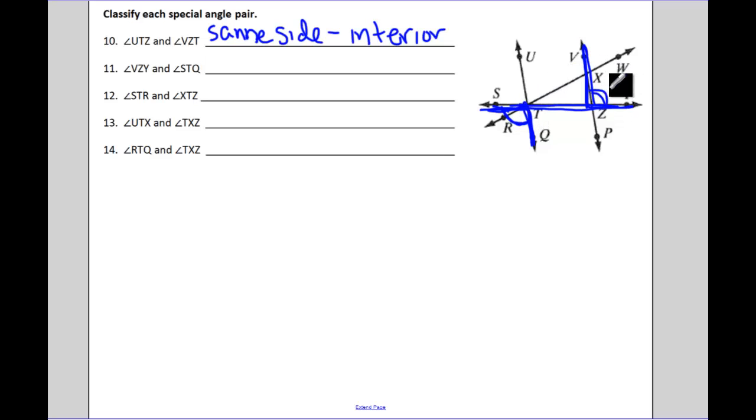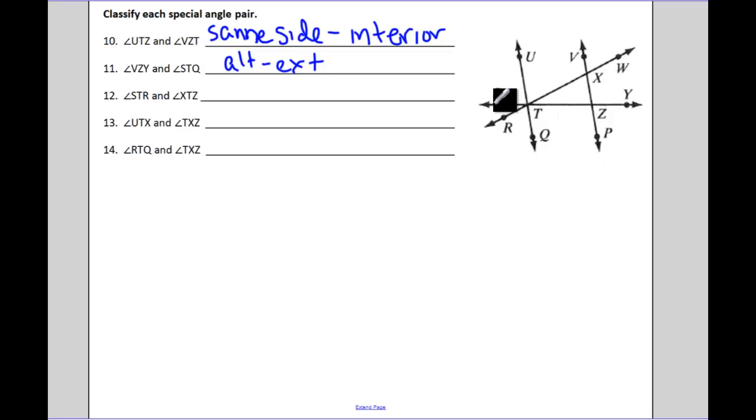They're on alternate sides of the transversal. One's below, one's above, and they're in the exterior. So these are alternate exterior.